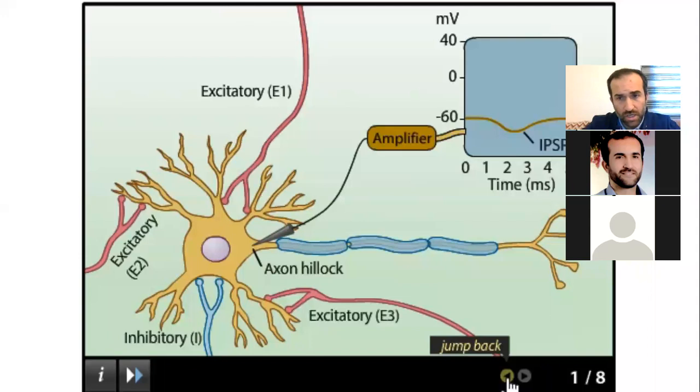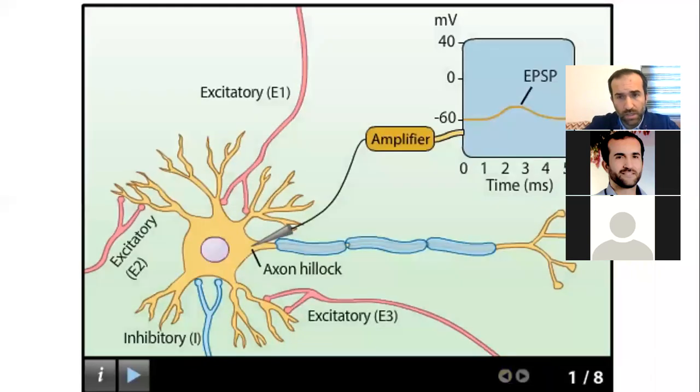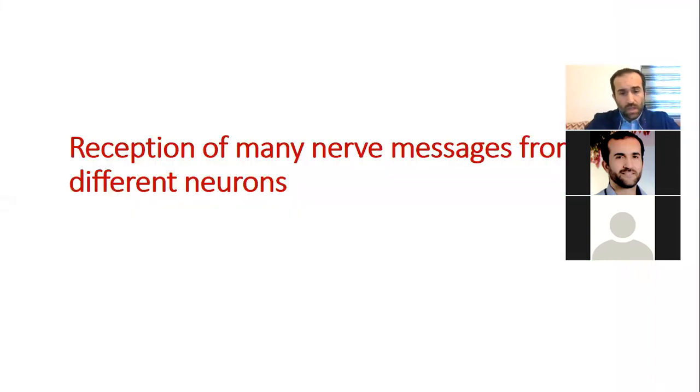If they are Cl minus channels, there is entry of Cl minus. In both cases, we have more electronegativity inside the membrane, which will lead to the decrease of the membrane potential to less than the resting potential. These are the ideas that we have taken, and we will now start with new ideas.